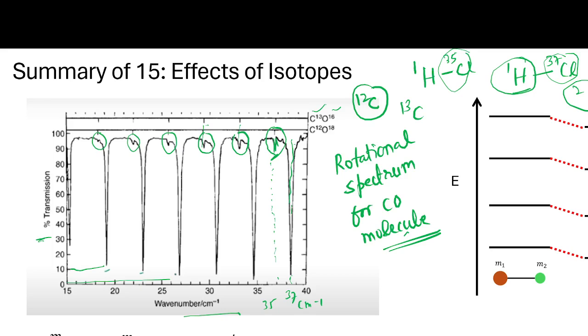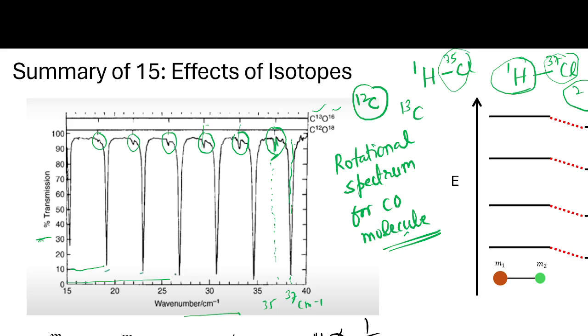The ratio of these will be less than 1. We also know that mu is inversely related to B. So if you take the ratio of reduced masses, mu by mu prime is equal to B prime by B.